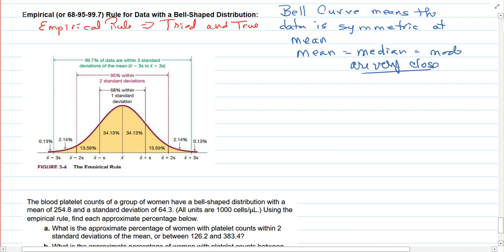That it is a bell curve. And the word to imply bell curve is normally distributed.